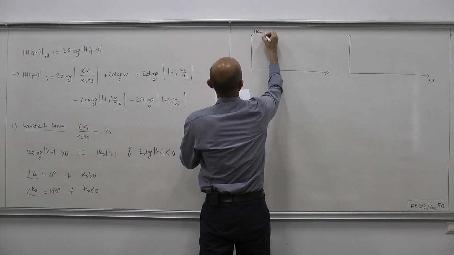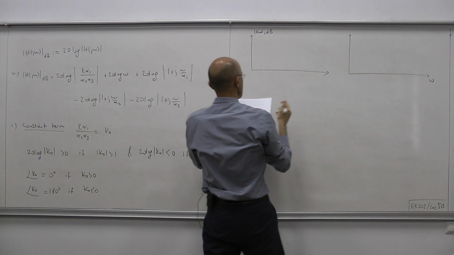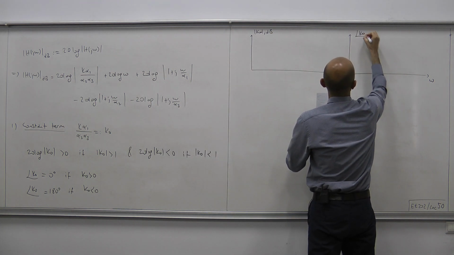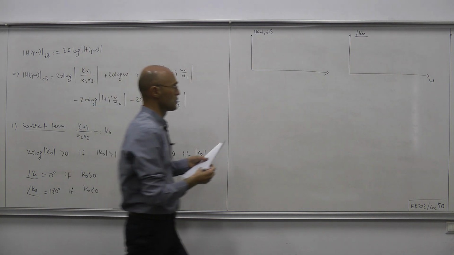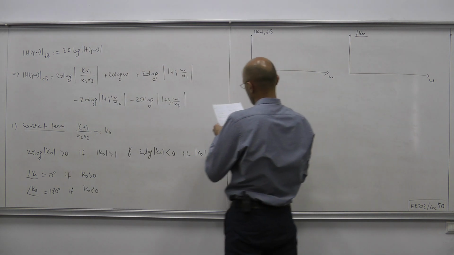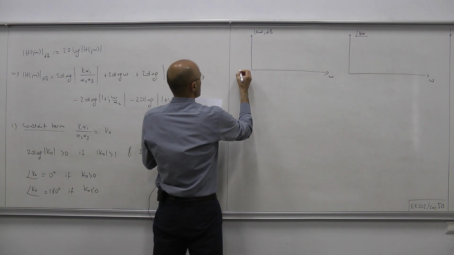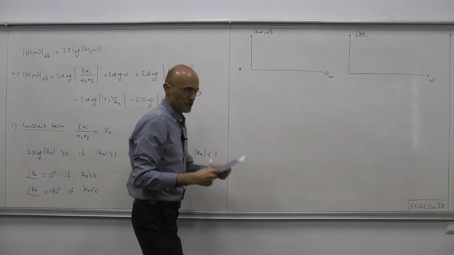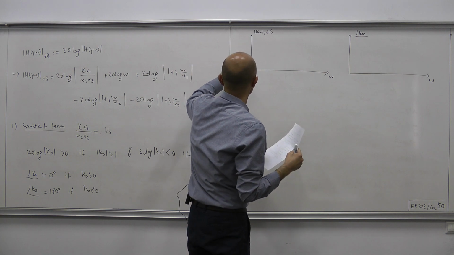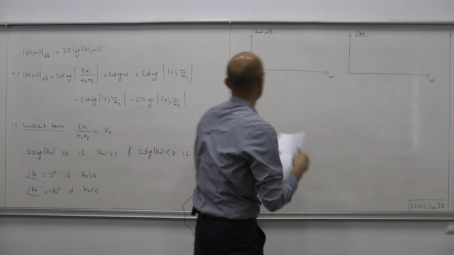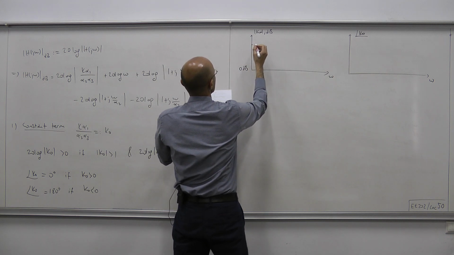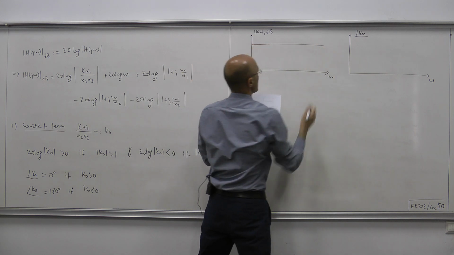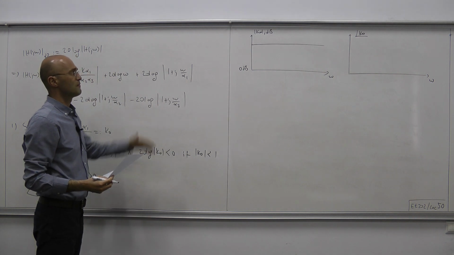This is K0 expressed in dB, and this is the phase of K0 versus ω. Now, suppose this is 0 dB. Here we have the constant term, a horizontal line.